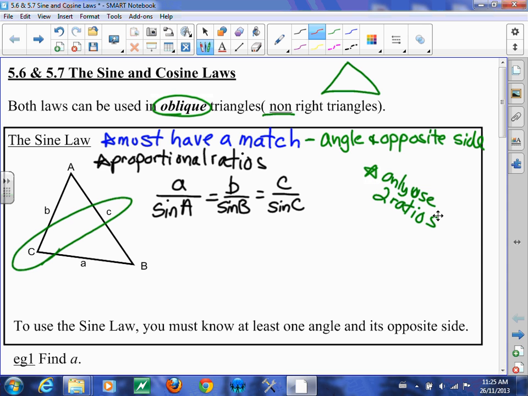This formula I just drew is used for when you're calculating the length. Notice that the lower case letters A, B, and C represent length, and they're on the top.